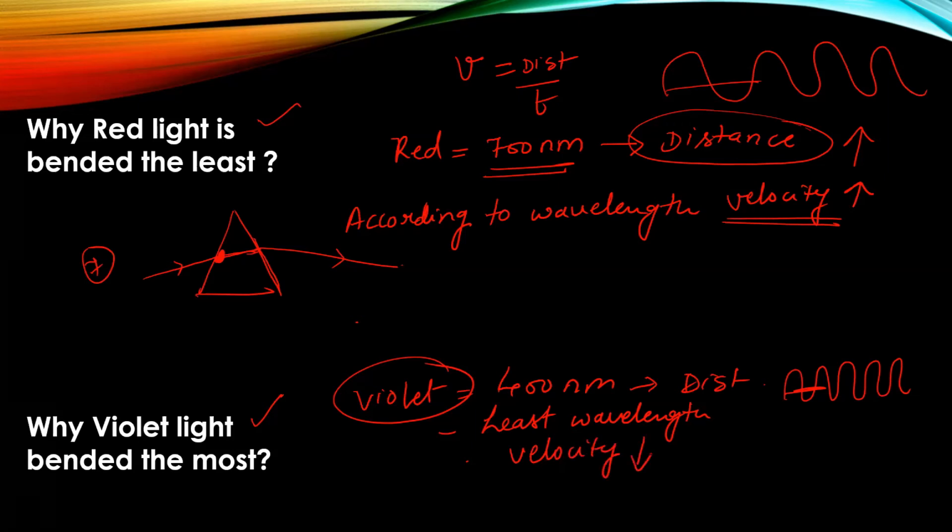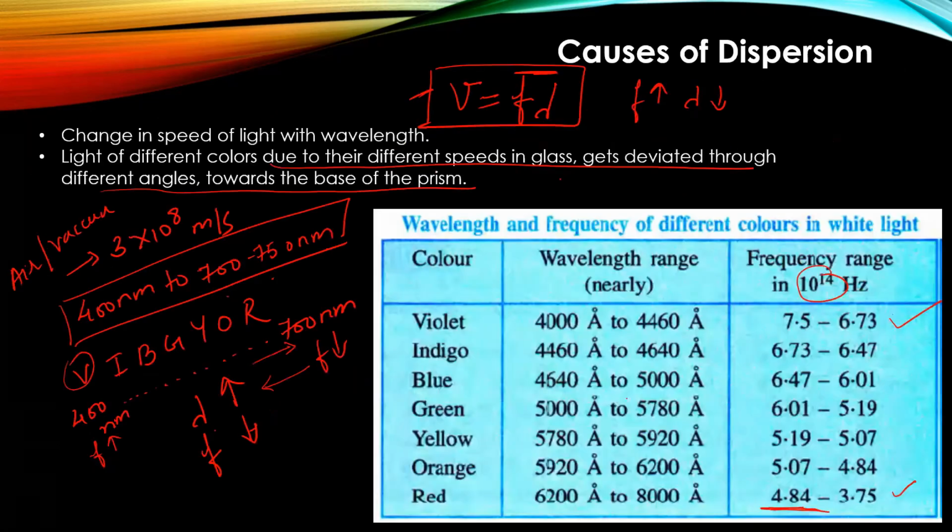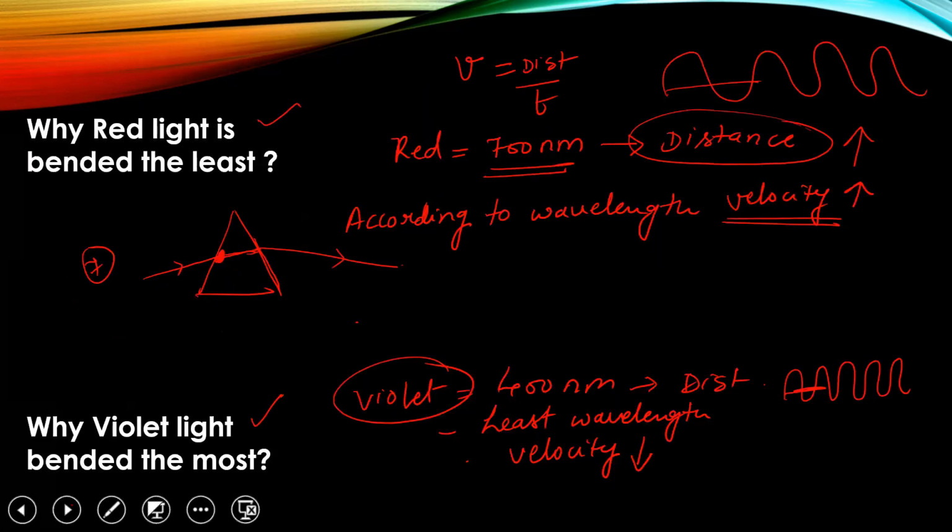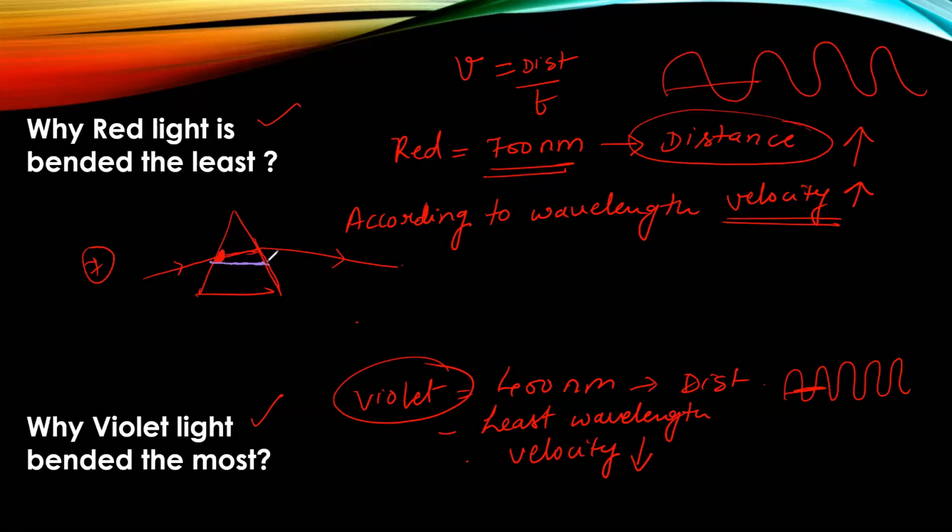As the velocity is less, that means the violet light is traveling slowly through the prism, and as it is traveling slowly, in this process, it is getting bended as well. Right? It is getting bended because the velocity is slow. So as the velocity is less, more bending will be there. Velocity more, less bending will be there.